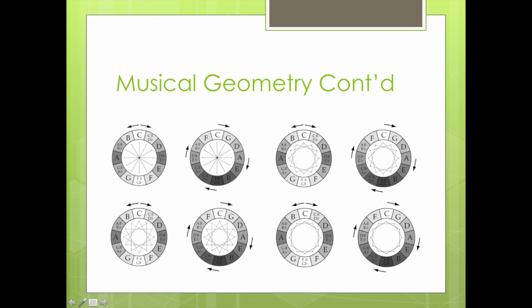We have a hexagon that is created in the bottom right corner. So the clockwise connected tones are a major second apart from one another, and the counterclockwise connected tones are a minor seventh apart. And this continues with the dodecagon, which is not pictured here.